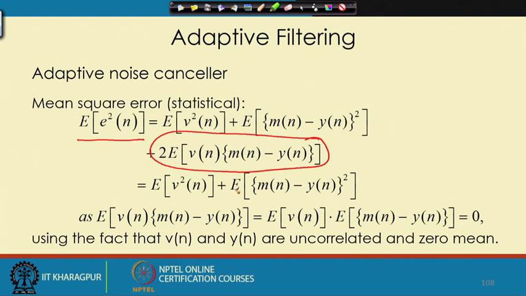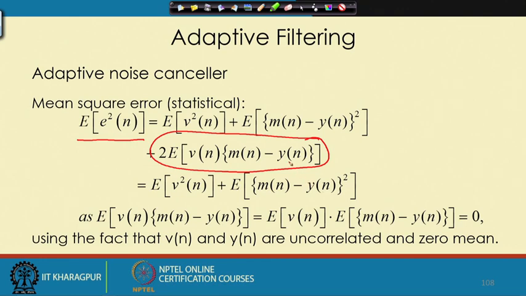So, in this scenario, we can get that expression as the expectation of V n times the expectation of m n minus y n. Now, as the noise is 0 mean and the signal is also 0 mean, the expected value of both these terms would go to 0.